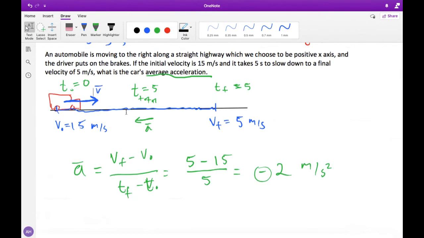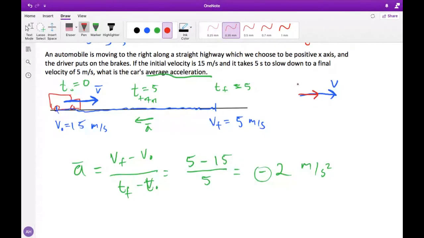When the acceleration and velocity vectors point in opposite directions, it means this car is slowing down, versus if the acceleration and velocity vectors are going in the same direction, it means the object is speeding up.